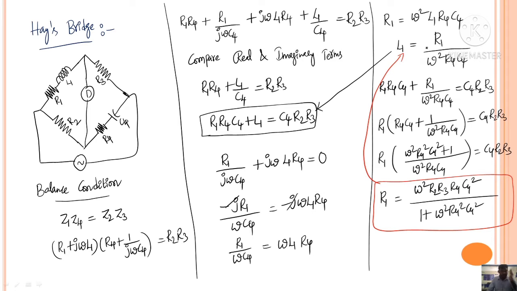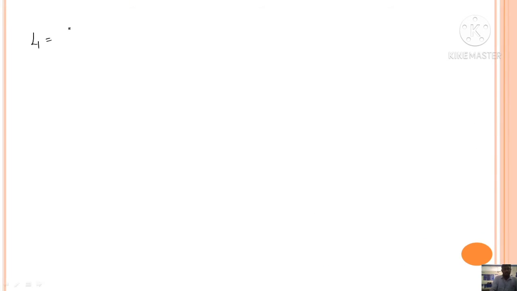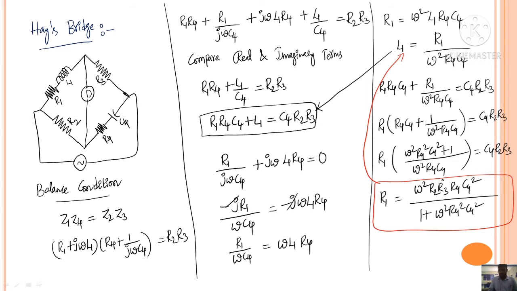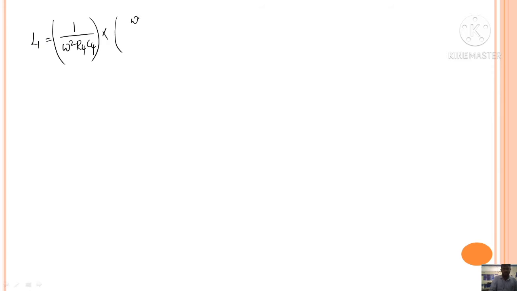What is the denominator? 1 by omega square R4C4 multiplied with this one, omega square R2 R3 C4 square in the numerator, divided with 1 plus omega square R4 square C4 square, right?